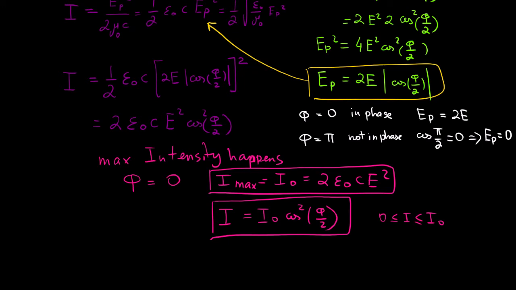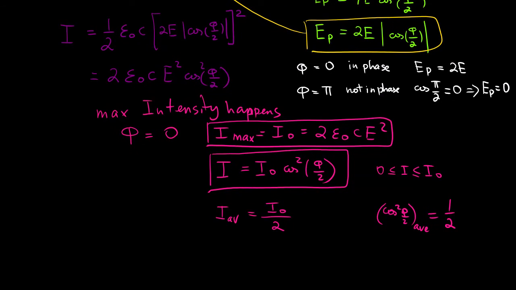So if we want to find the average intensity, let's call it I average, then we have to take the average of cosine squared. The average of cosine squared of phi over 2 is 1/2. Then I could say average intensity equals half of the maximum intensity, or simply epsilon naught C E squared.